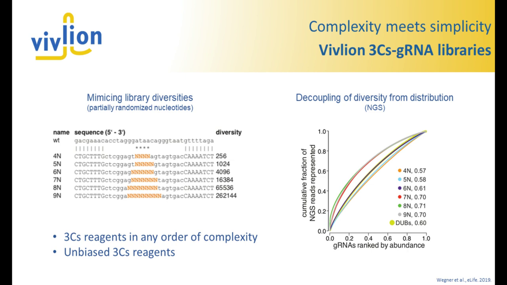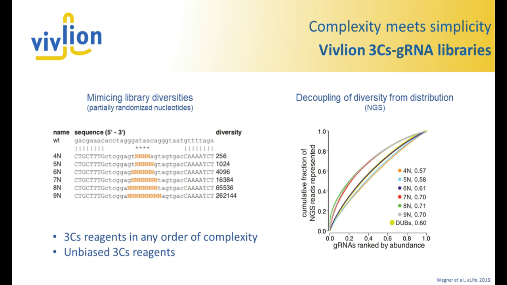So now what we also tested at the time was whether this is only due to randomized nucleotide libraries, or also to really encoding libraries. And so we also generated a library targeting all human deubiquitinating enzymes, which is shown here on the right hand side, on the bottom in this greenish color. We generated this library, and it had an area under the curve of 0.6, demonstrating very nicely a distribution of this library.